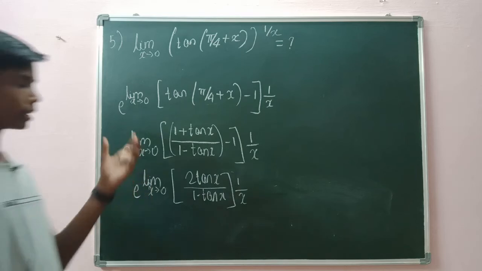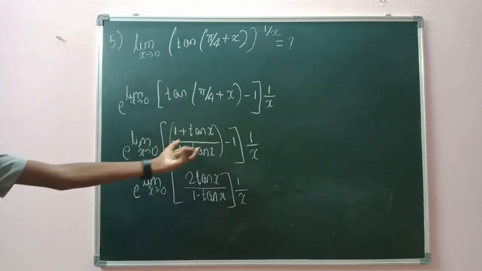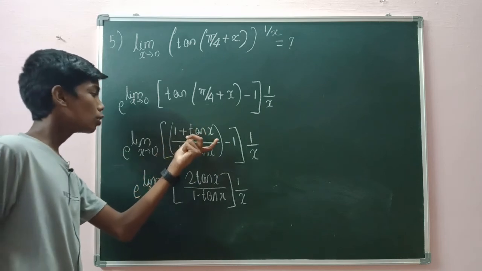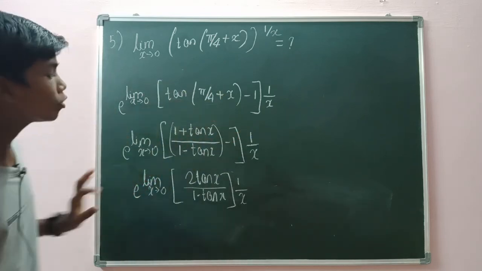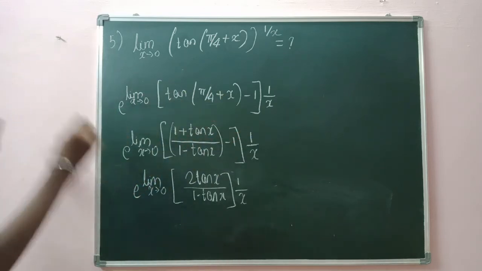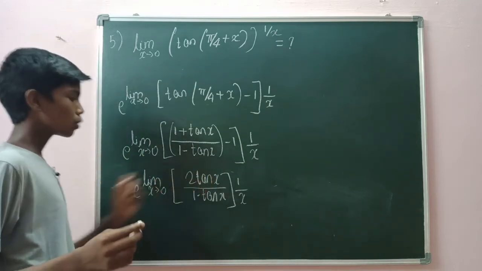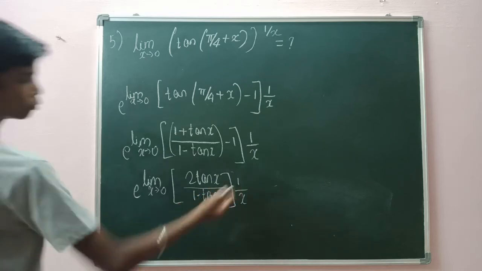Okay, so this is something we will get. Correct, guys? I am having 1 plus tan x by 1 minus tan x minus 1. Take LCM, then we will get 1 plus tan x minus bracket of 1 minus tan x. So 1 plus tan x minus bracket of 1 minus tan x will be 2 tan x divided by 1 minus tan x. LCM taking, then to the power 1 by x.